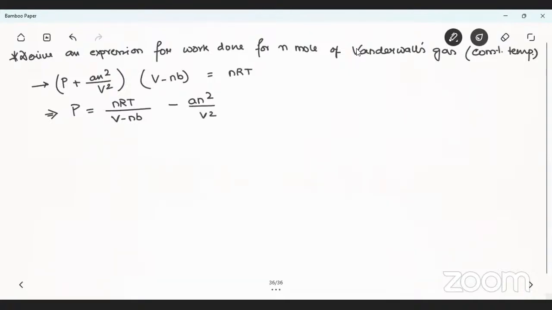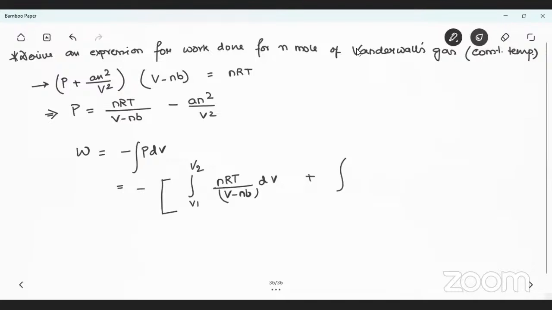Again, we know the formula for work done is this. Just replace the value for P: integral of nRT by (V minus nb) dV plus integral from V1 to V2 of n square a by V square dV.